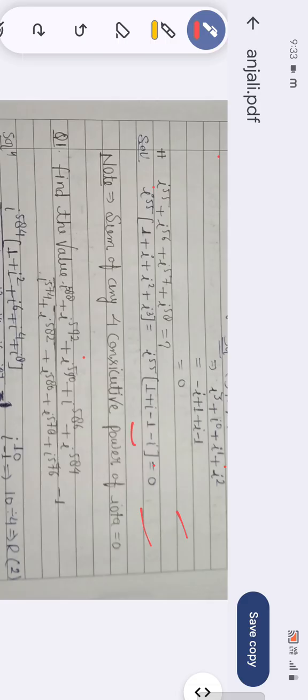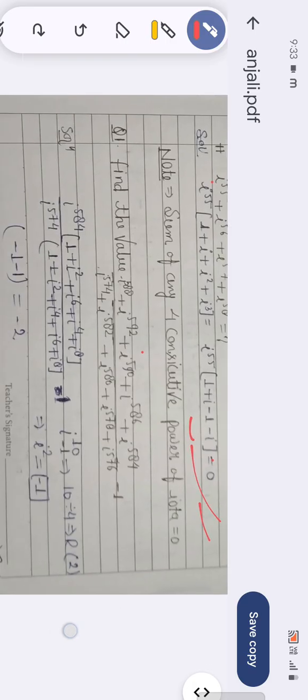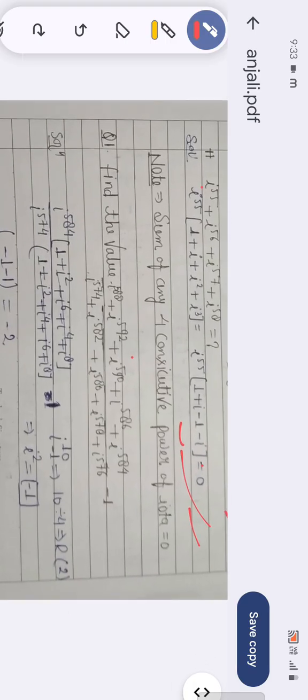Minus 1. And what is the value of iota cube? Minus iota, and then this will be 0. The note is: the sum of any 4 consecutive powers of iota will be 0. If you see 4 consecutive powers in any equation, then this will always be 0.